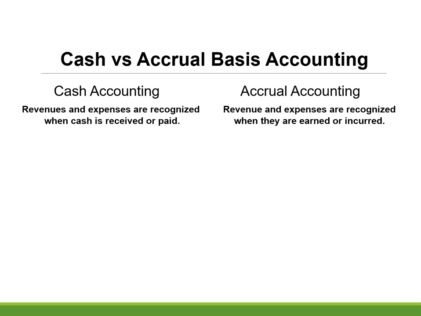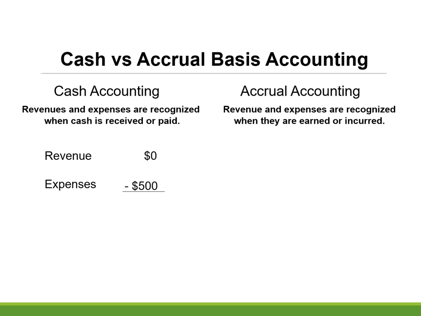So revenues and expenses are recognized when they are earned or incurred. So given the example I gave you where I prepared the tax return for $1,200 and I gave my client the bill, but they have not paid me yet, under cash basis accounting, I have revenue of zero because I haven't received that cash yet.